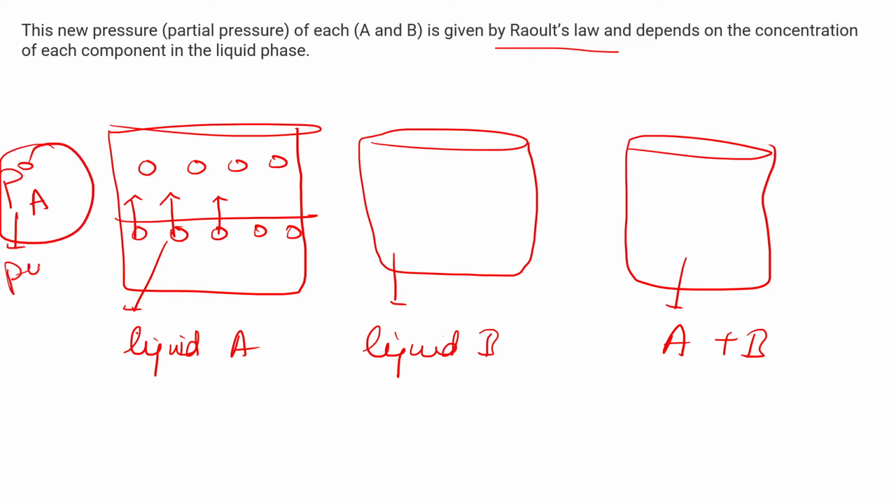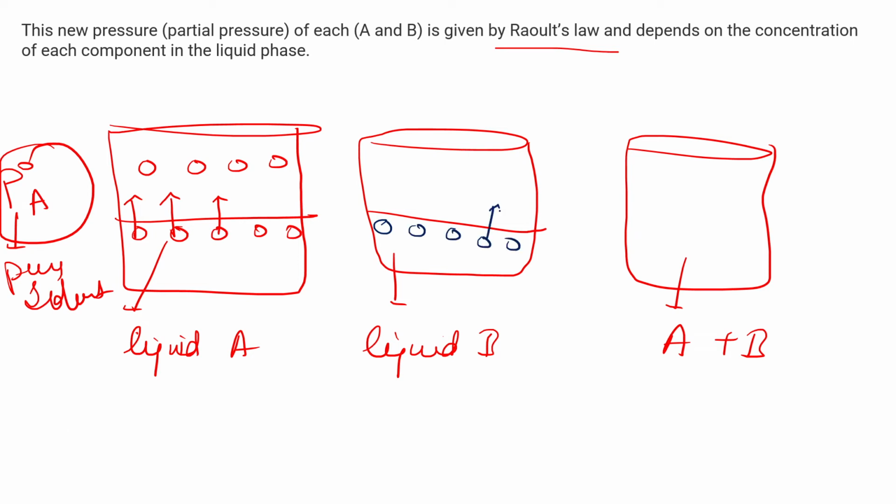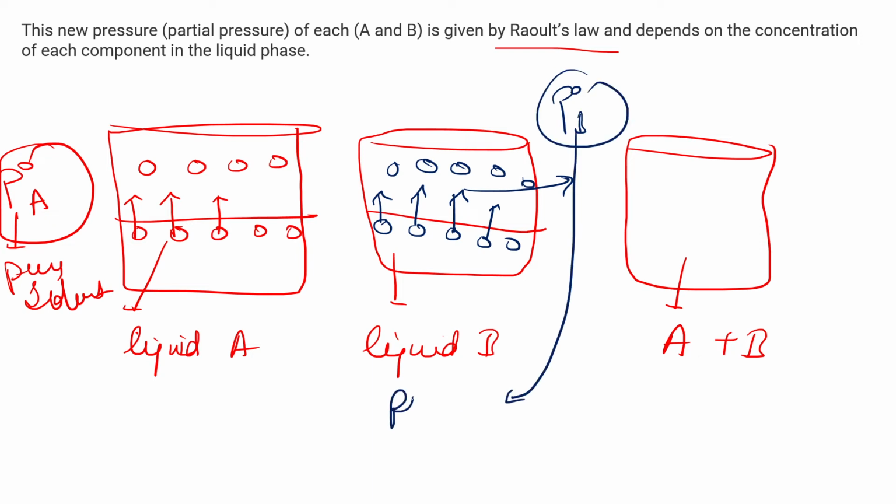Because it is pure solvent. Similarly, for liquid B, the molecules will evaporate and maintain a dynamic equilibrium with the molecules present in the vapor phase, and the vapor pressure will be P naught B. This is for pure solvent B.